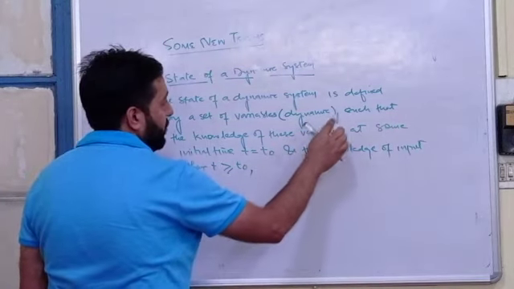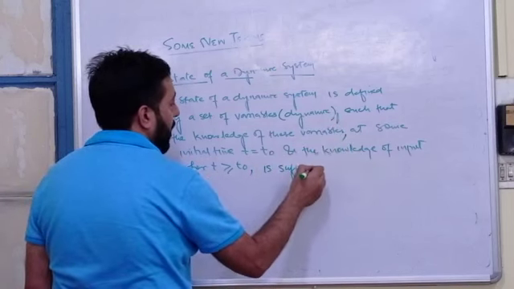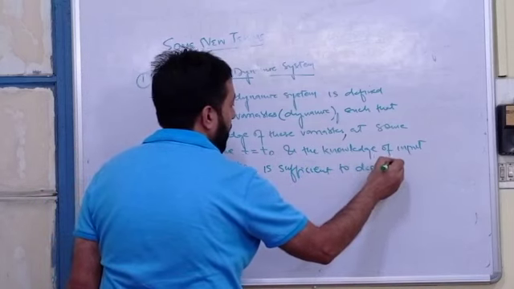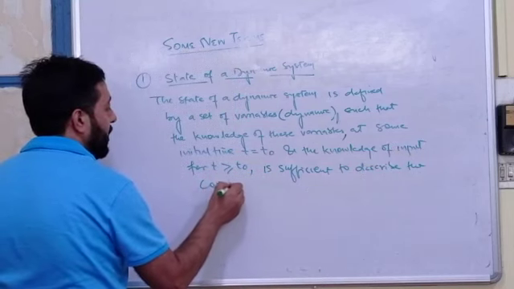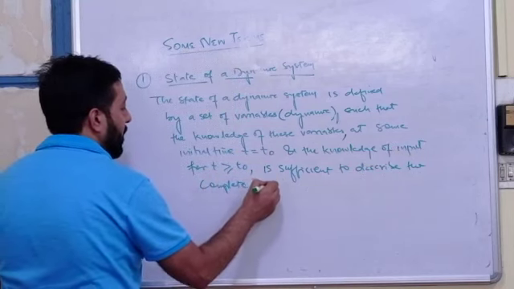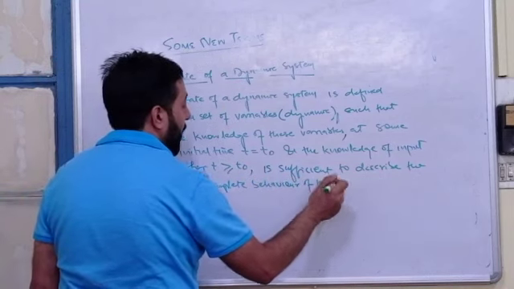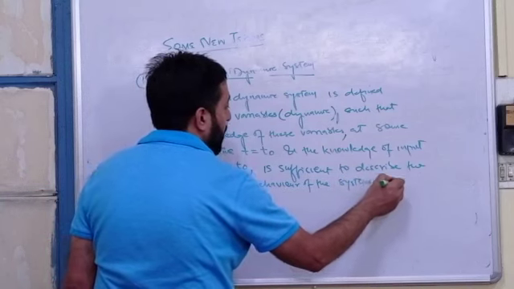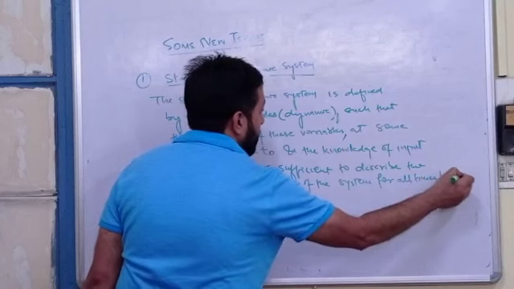Such that the knowledge of these variables is sufficient to describe the complete behavior of the system for all times t greater than or equal to t naught.